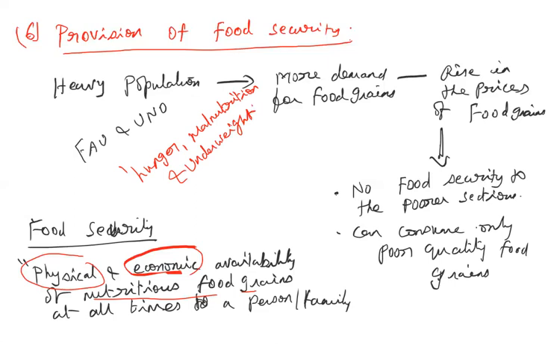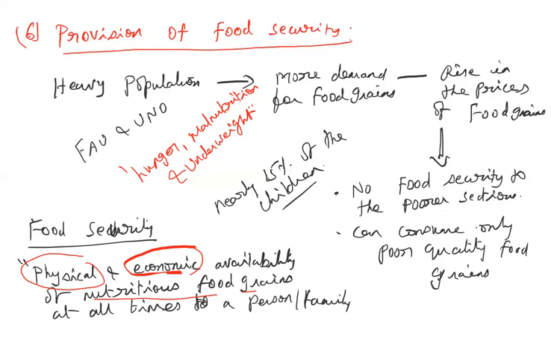Even today, based on the survey, it has been found that nearly 15% of the children in our country are malnourished. Why? Because there is no food security for the majority of the population in our country.